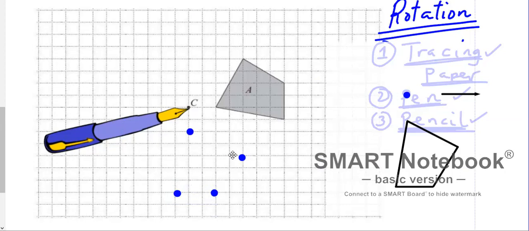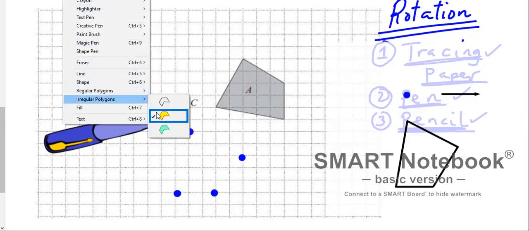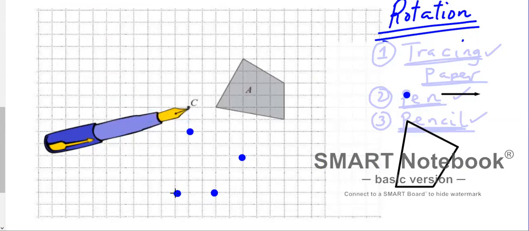Right, now you have to take your pencil, then connect this point from here to here, then that point to this point, for you to get the image of the object.